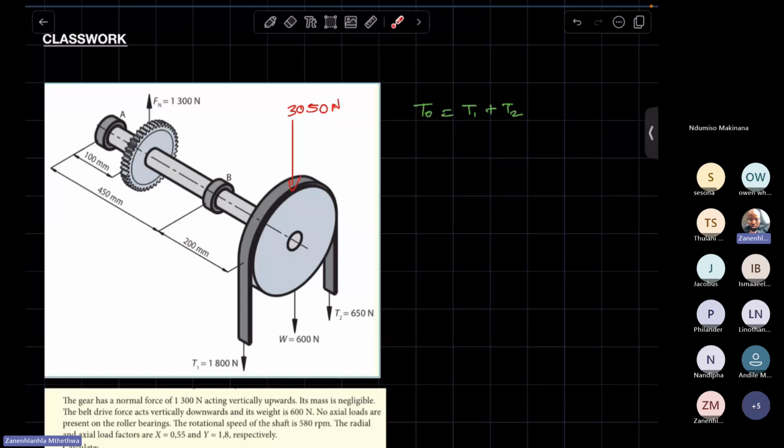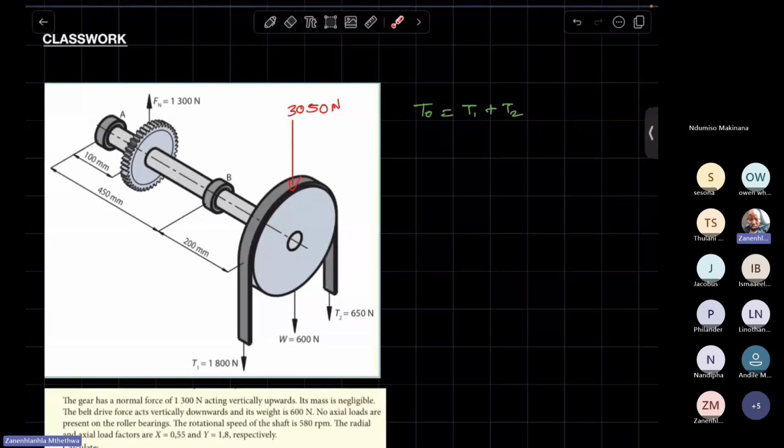So in calculating the reactions at supports A and B regarding the belt drive system, we are going to use the 3050 newtons, right? And then regarding which force to use for the gear wheel, they've indicated that it's the normal force that is perpendicular to the line of action of the shaft, and they've given us the magnitude of the normal force.